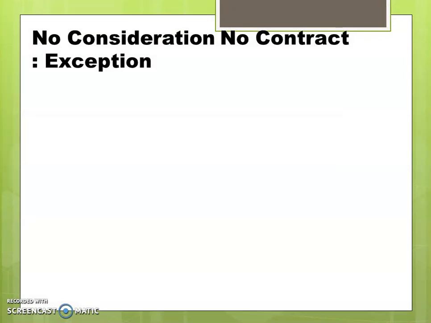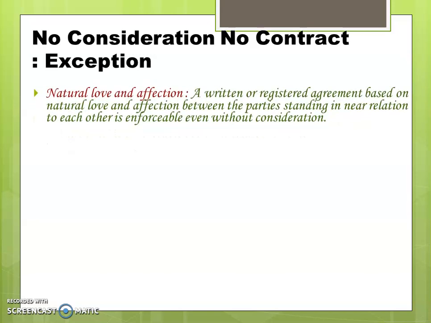No consideration, no contract is the general rule, but there are some exceptions. First of all, if the contract arises as a part of natural love and affection. Take the case of a husband and wife. In a situation where they have natural love and affection between them, they are entering into a contract, maybe an oral contract.